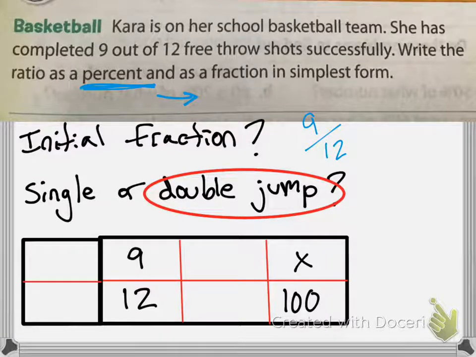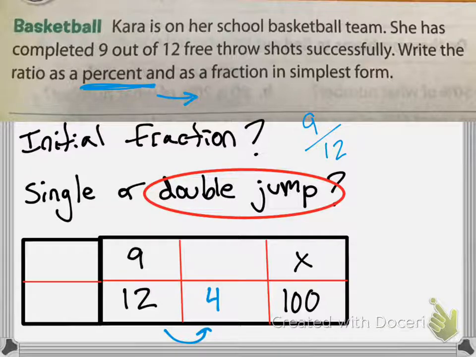Now, what is the greatest common factor between 12 and 100? Who can tell me? Vahe? 4. 4 is our greatest common factor. Yes. Kayla, how do I go from 12 to 4?